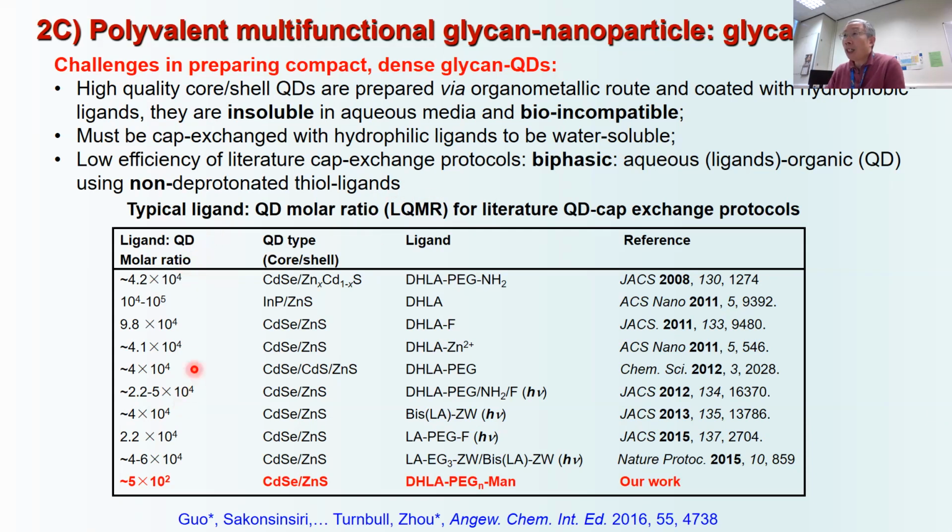As a result, typically you need 10,000 to 100,000 ligands per quantum dot in order to make the complete cap exchange, which becomes really difficult to achieve with this precious ligand.